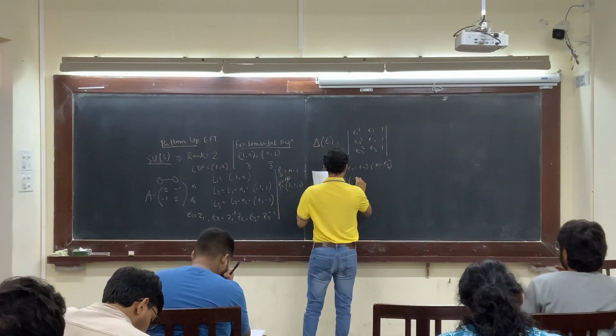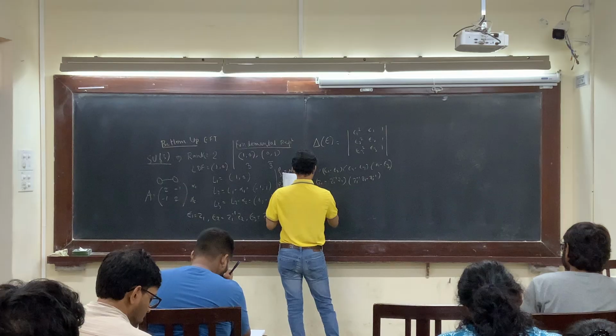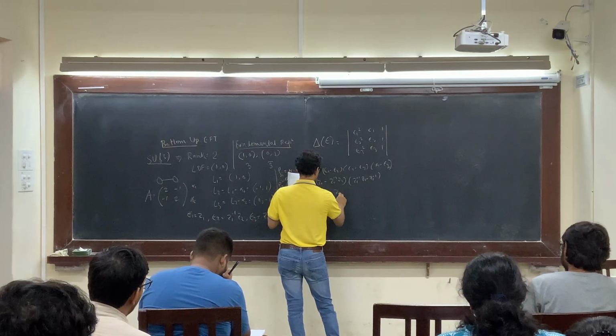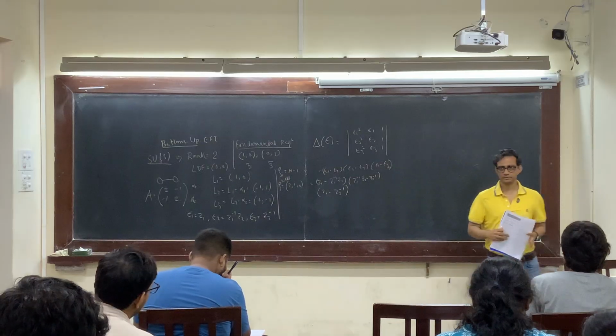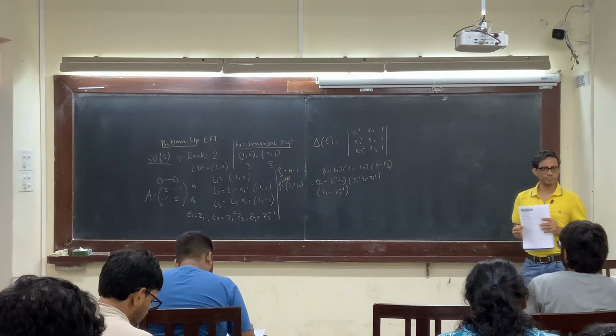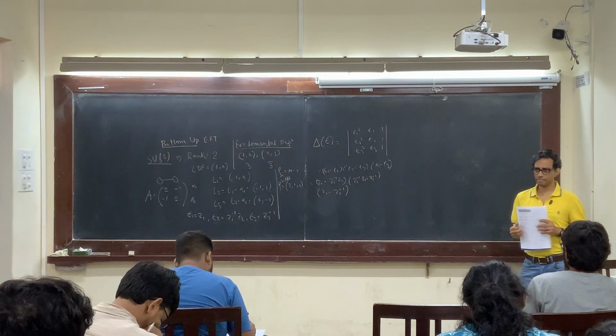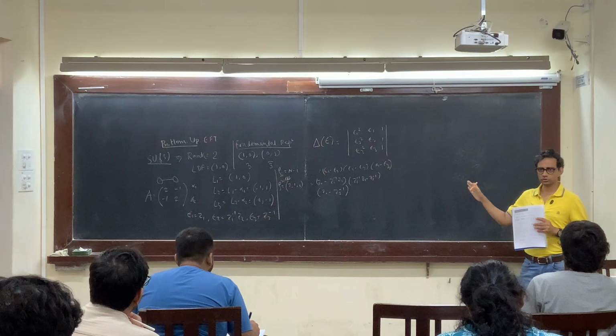Then z1 inverse z2 minus z2 inverse. And then z1 minus z2 inverse. Okay. So this is the Vandermonde determinant in terms of my z's. Up to this part, any question, any confusion, any step which is not clear to you?